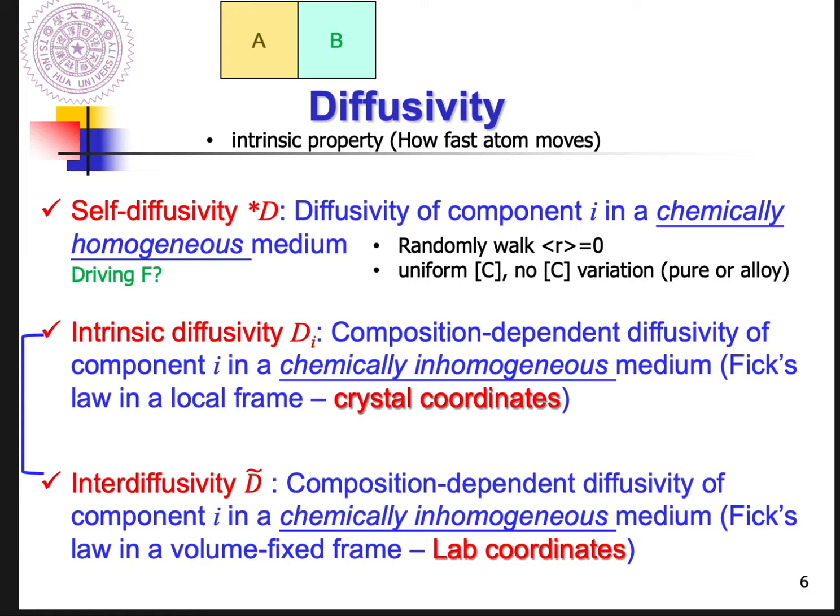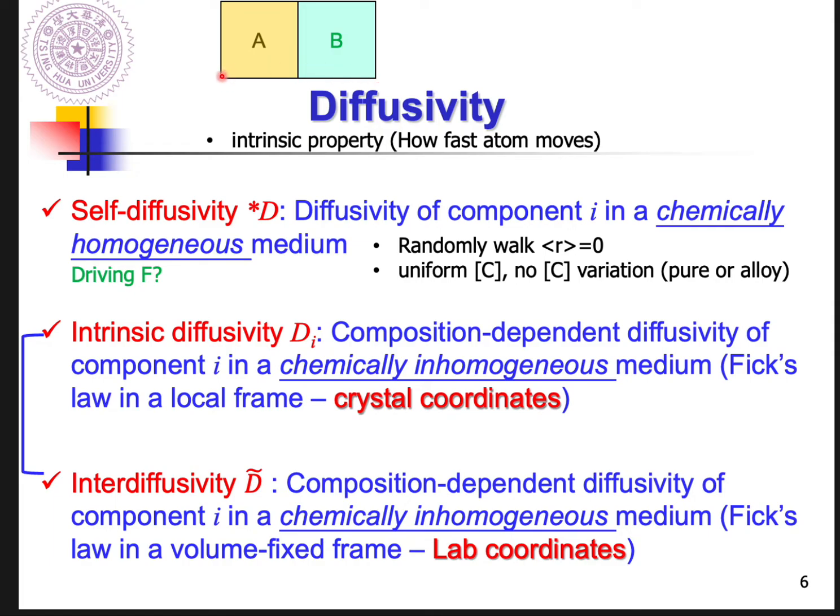So let's take a diffusion couple, an AB couple, as an example. Now we have a chemically inhomogeneous medium because you have this AB diffusion couple as your material system, and in space along this material, it does exist chemically inhomogeneous, right? Because the concentration of A is high here, but we don't have any A in the B region.